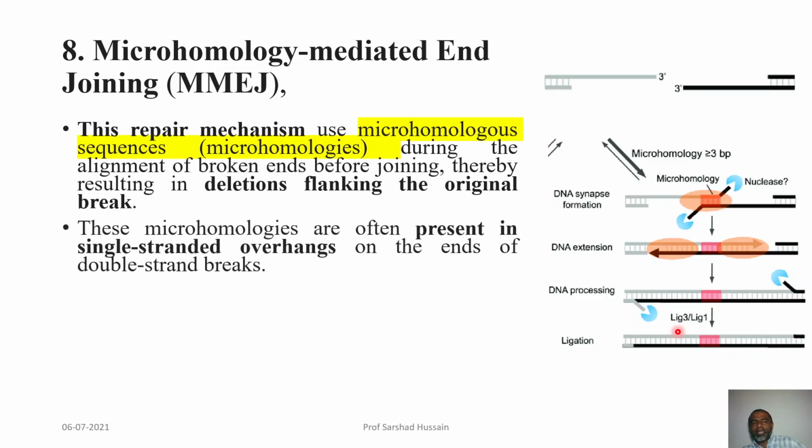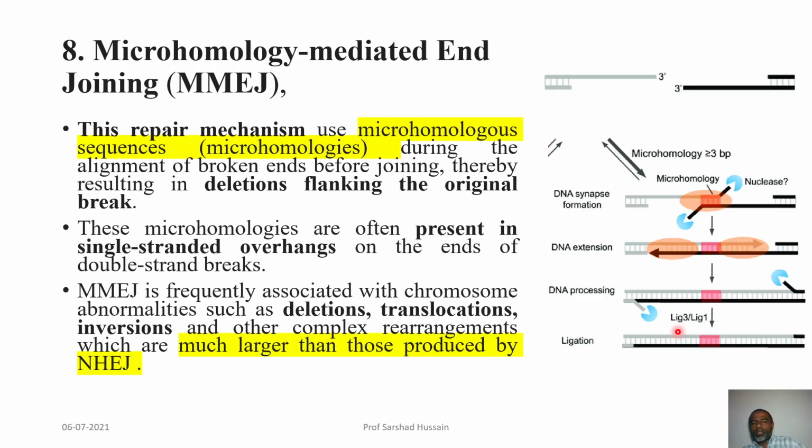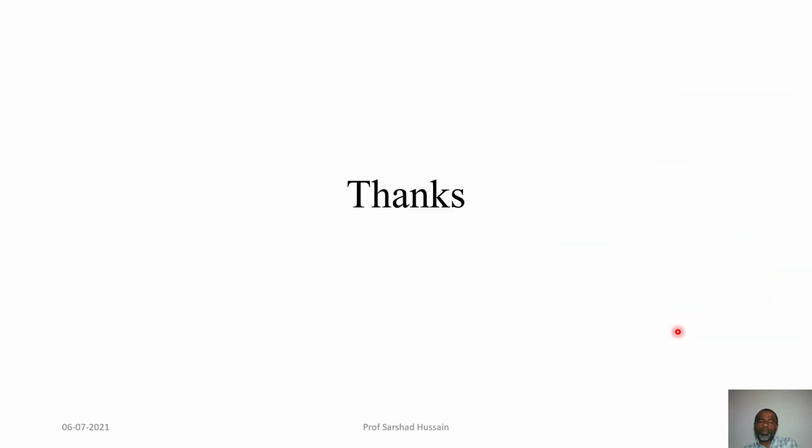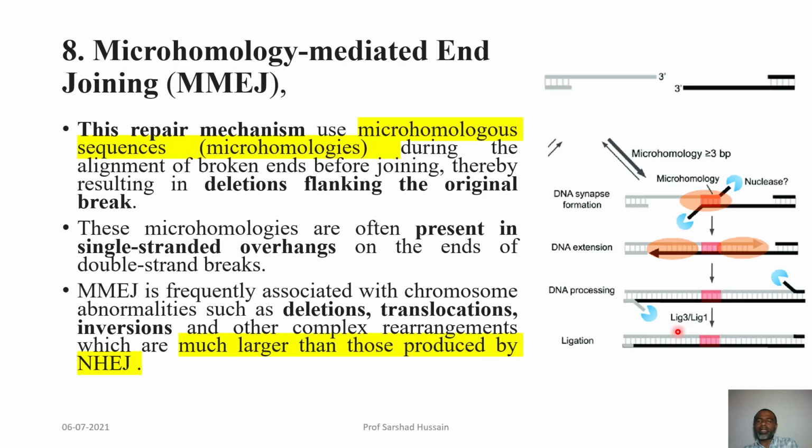These are the various mechanisms involved in DNA repair. In order to understand DNA repair, you must have accurate knowledge of DNA replication, because DNA replication is the method used by most of the DNA repair mechanisms.